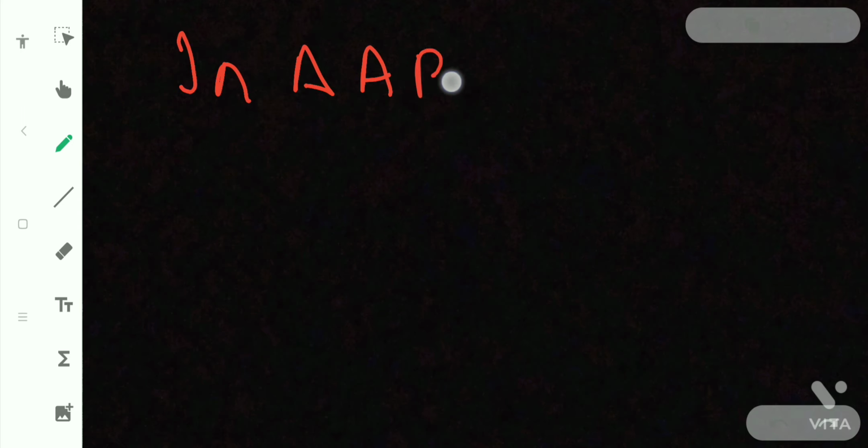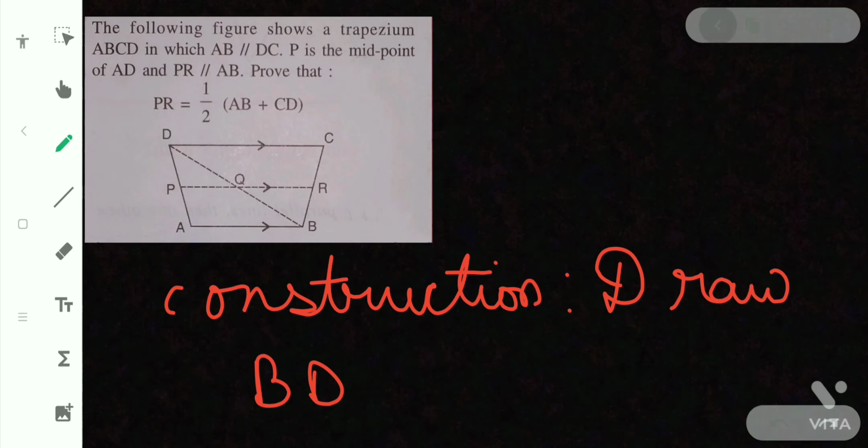So now in triangle ABD or ADB, whatever it may be. So in triangle ADB, this one you can take the triangle. So here PR is parallel to AB. So when PR is parallel to AB, P is midpoint, that is given in the question itself.